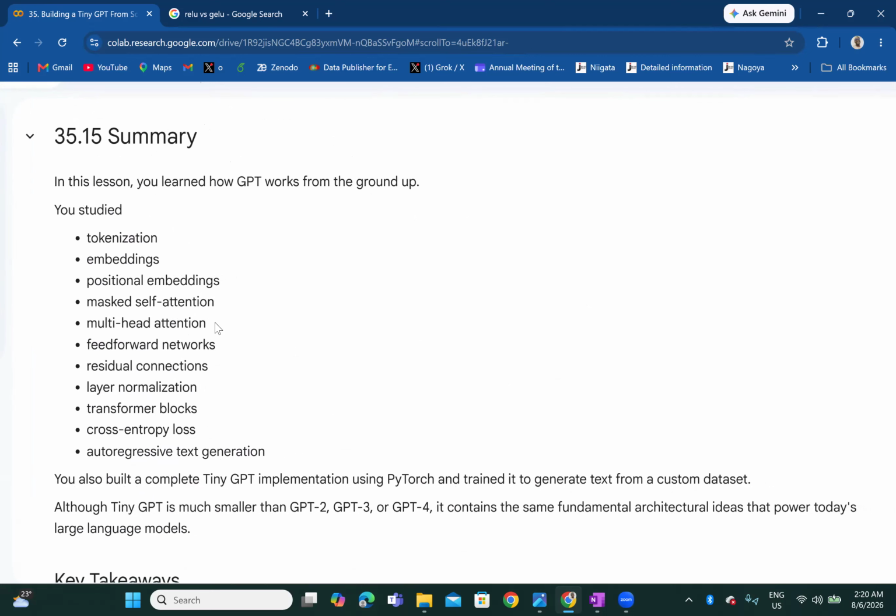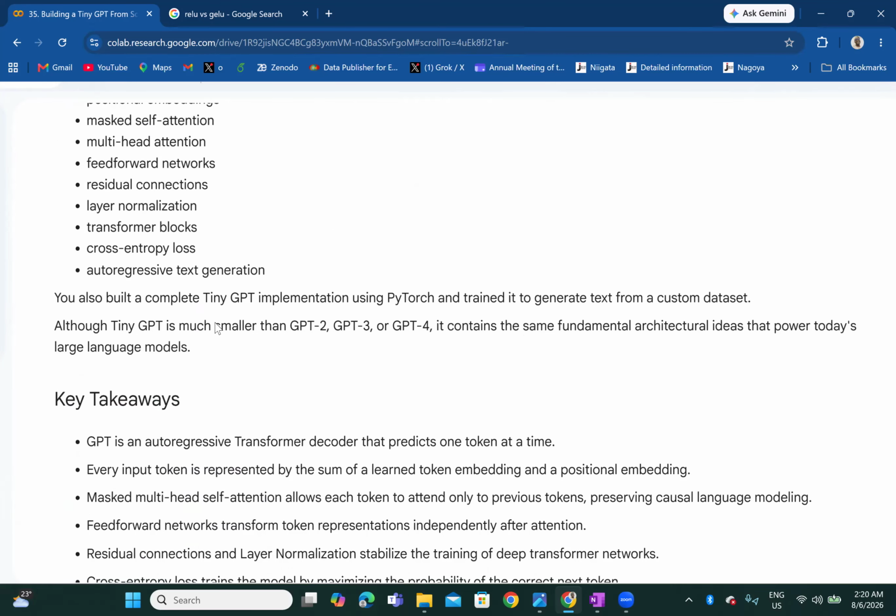Then feed-forward networks, residual connections, layer normalization, transformer blocks, cross-entropy loss, autoregressive text generation. You also built a complete Tiny GPT implementation using PyTorch and trained it to generate text from a custom dataset. Although Tiny GPT is much smaller than GPT-2, GPT-3, or GPT-4, it contains the same fundamental architectural ideas that power today's large language models.